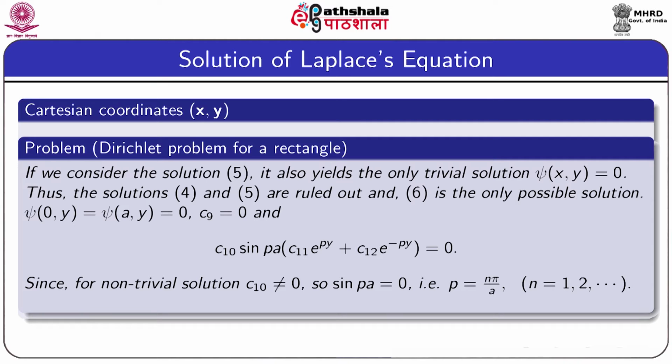Since we are looking for a non-trivial solution, C10 is not equal to 0 and the expression in the bracket cannot be 0.